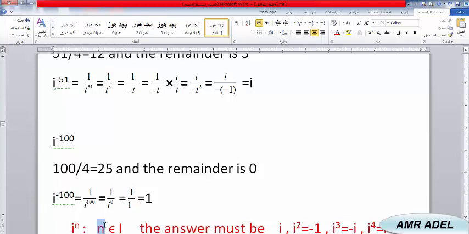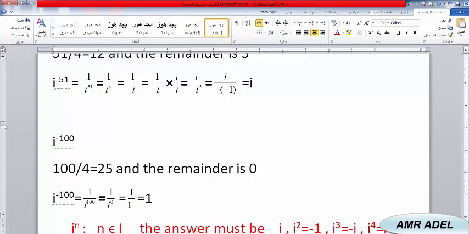This n must belong to the integers. Look carefully, must be integers. So it must be a number, negative or positive, without decimal points. Okay? So in all the examples, you will observe something. The result will be i or negative 1 or negative i or 1. Look, be careful again about this lesson. You will find this result all the time.